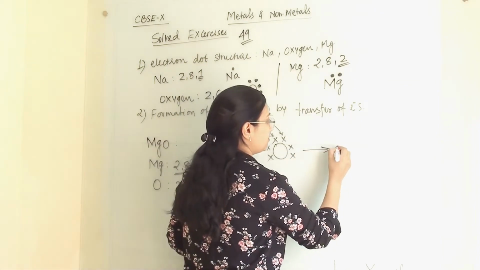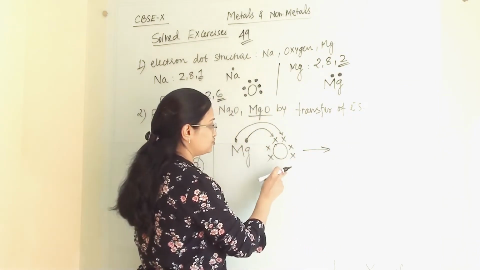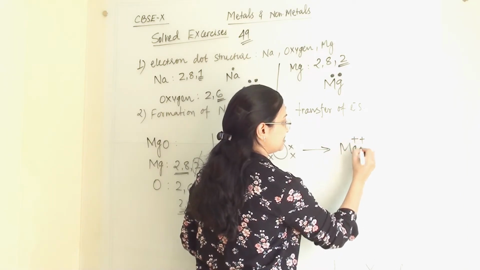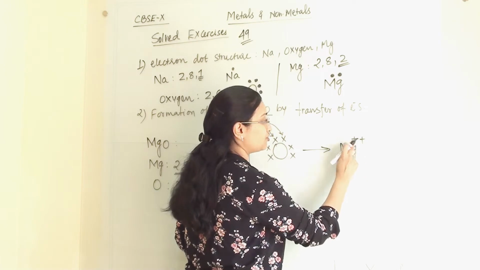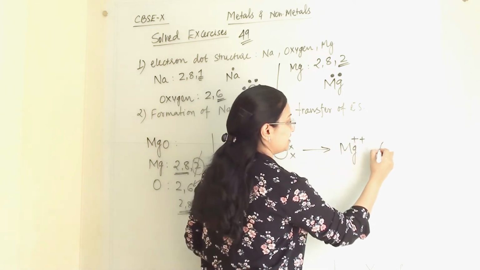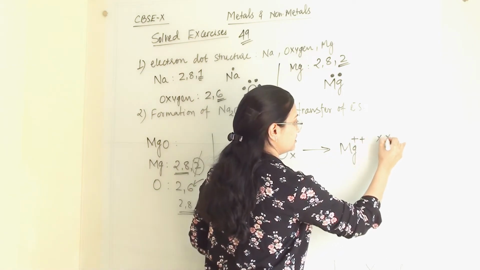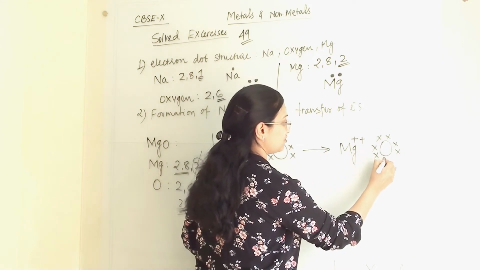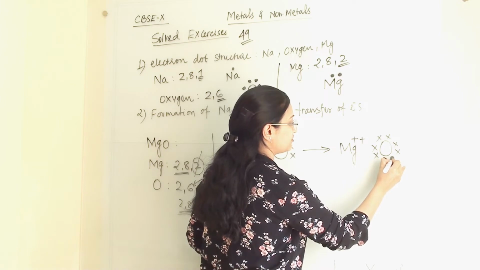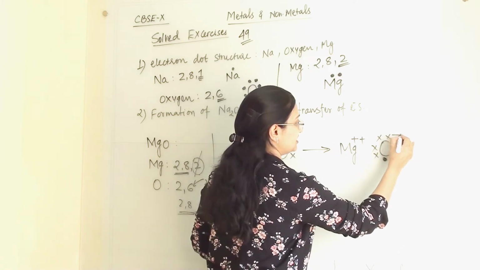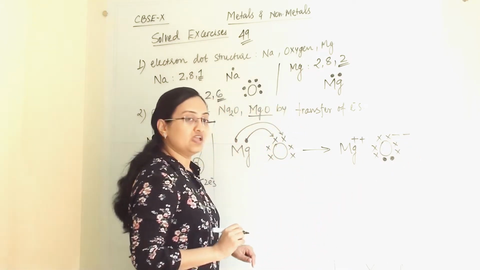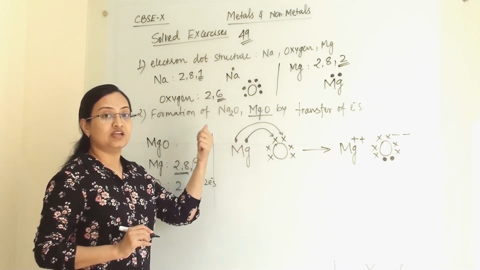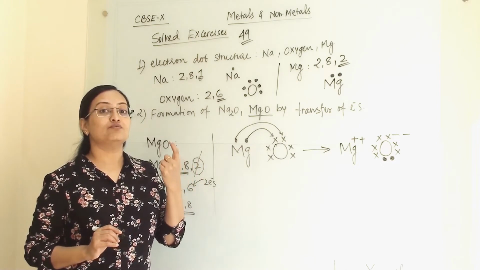So when magnesium is transferring 2 electrons, we can represent it like this, 2 plus, or you can write plus 2, and here it will become like this. These are 6 electrons which are of oxygen, and these 2 electrons are of magnesium, and here minus 2. Earlier, when we formed the Na2O structure, sodium's valency was 1.